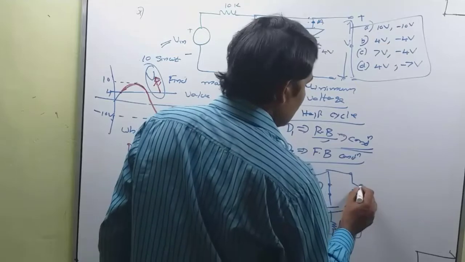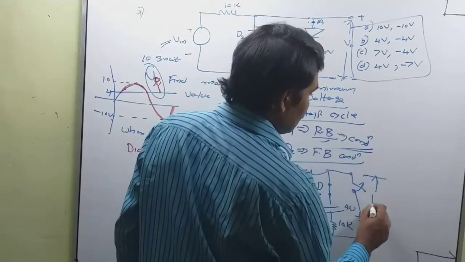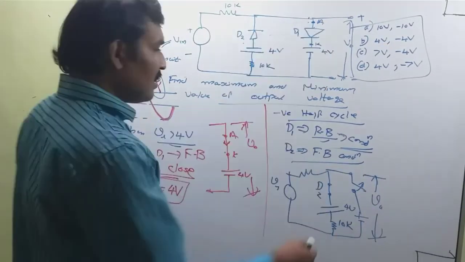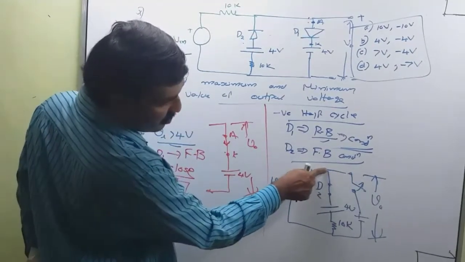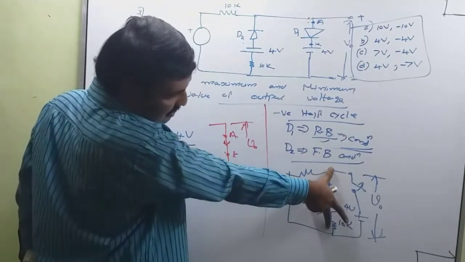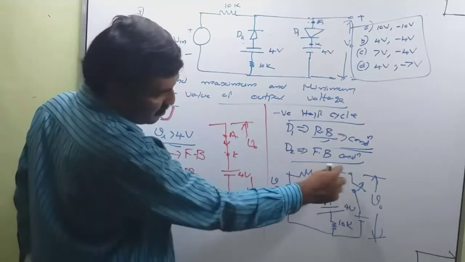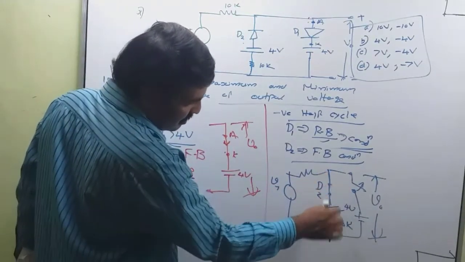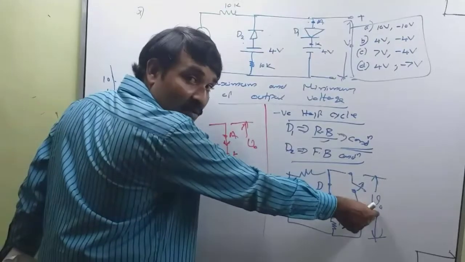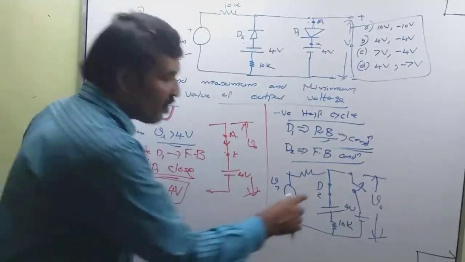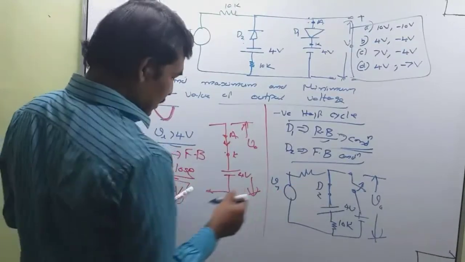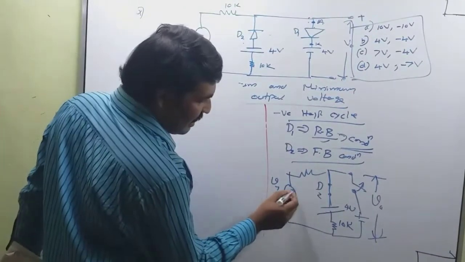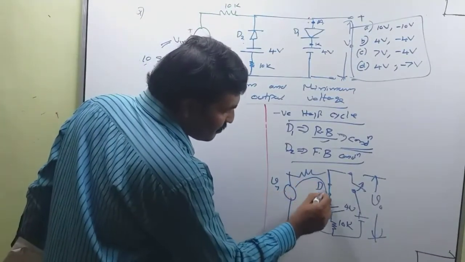This is open. The voltage across this point is the voltage across this element. This point is connected to this. So the voltage across this element is the same as the voltage across the output. So the voltage across this is the output voltage. So this is our equivalent circuit. This is our Vi. This is our loop.